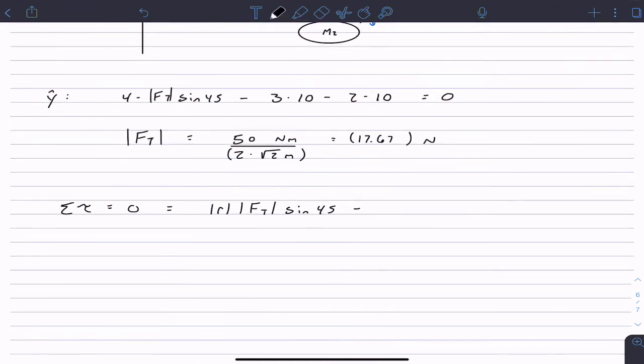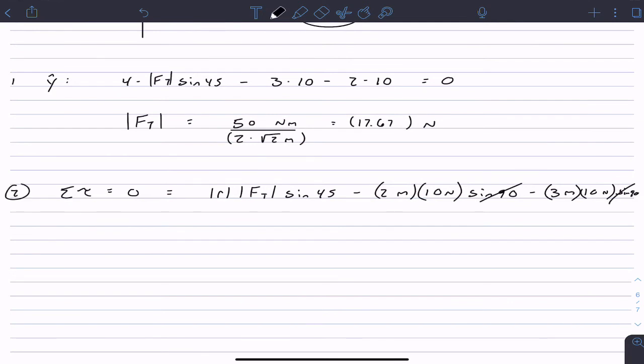So this is 2 meters times 10 newtons times sine 90. And then the same thing, 3 meters, 10 newtons, sine 90. This gives you the exact same answer as what we had done before.